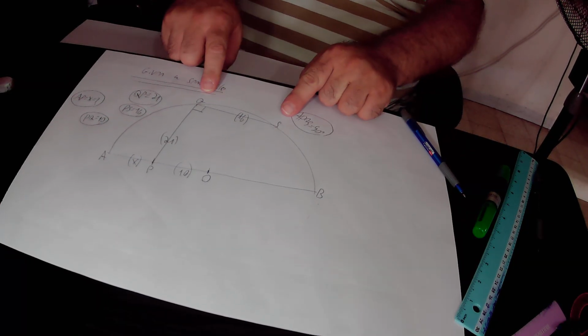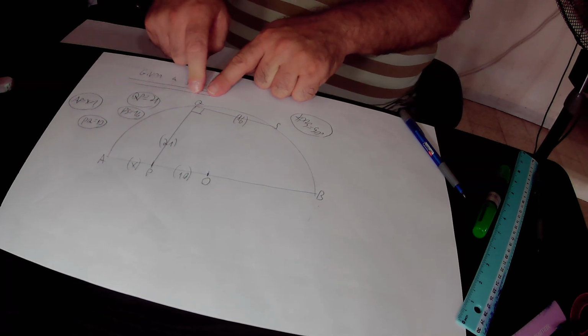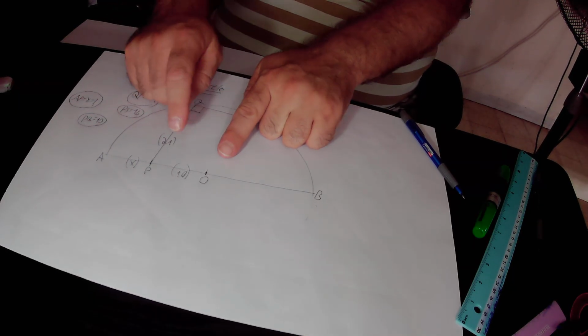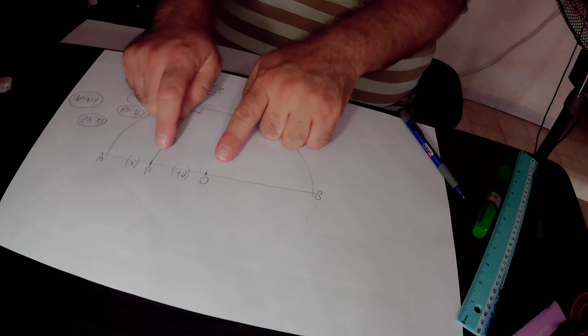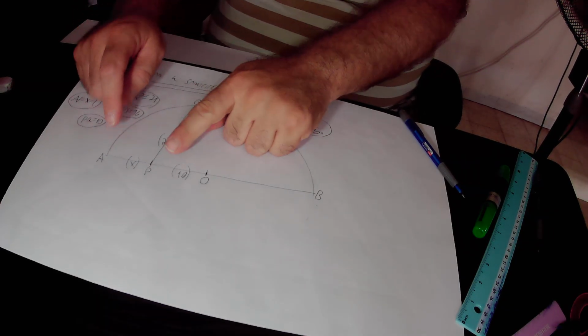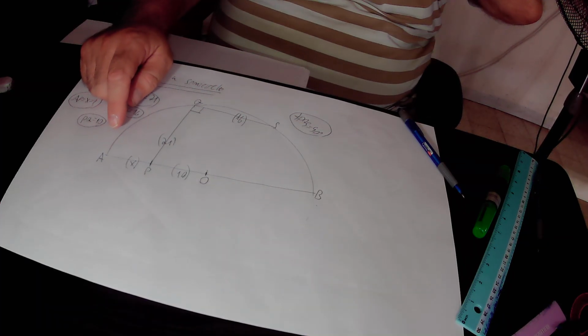We know that chord QS equals 6 units in its length. Line segment QP equals 21 units. This is line segment PO that equals 10 units. Again, we have to find out the value of x.